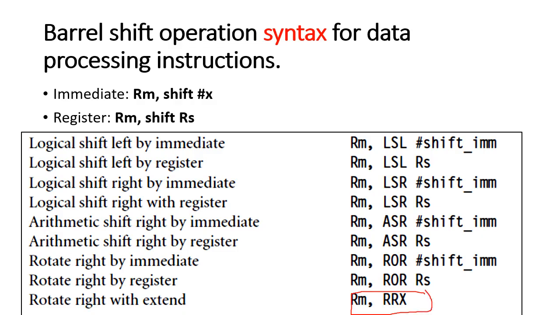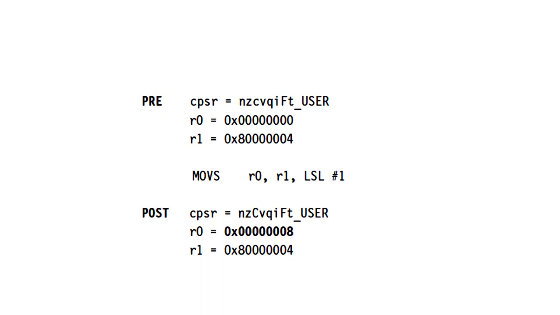The same holds for the other 4 types of shift or rotate operations on the barrel shifter, except rotate right with extension. I told you rotate right with extension does not take any operand to mention how many times it has to be rotated. So this is the syntax of the various operations supported by the barrel shifter.